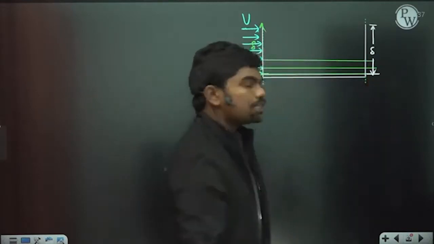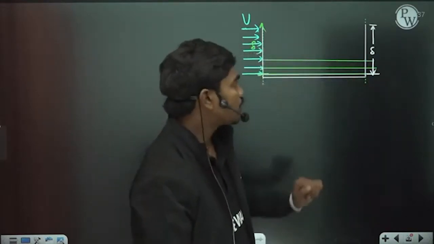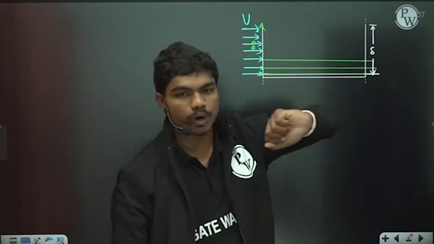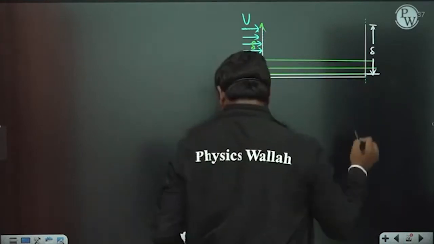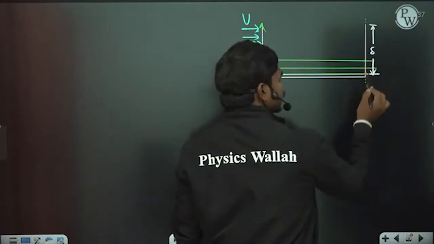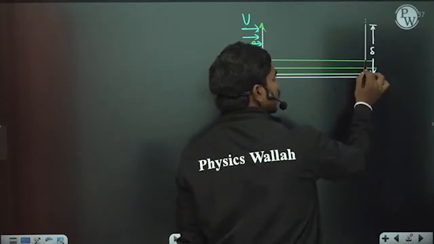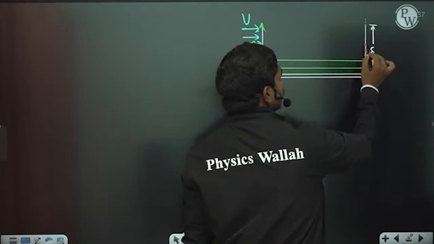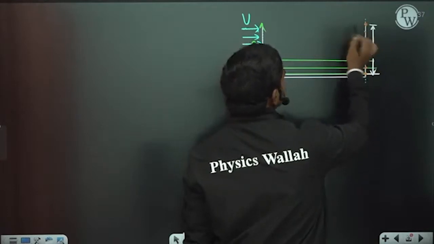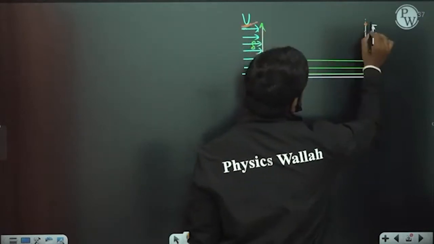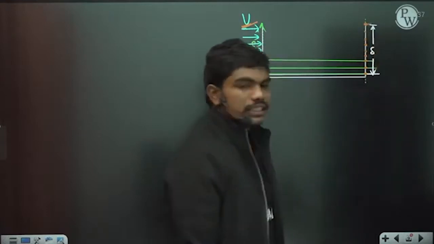Try to understand: this delta is actually the boundary layer thickness. Here the velocity is 0 because of the no slip condition. Here the velocity will be slightly more compared to the first point. The velocity keeps on increasing, and finally there comes a point where it almost reaches the free stream velocity. So here the velocity is again almost equal to the free stream velocity.